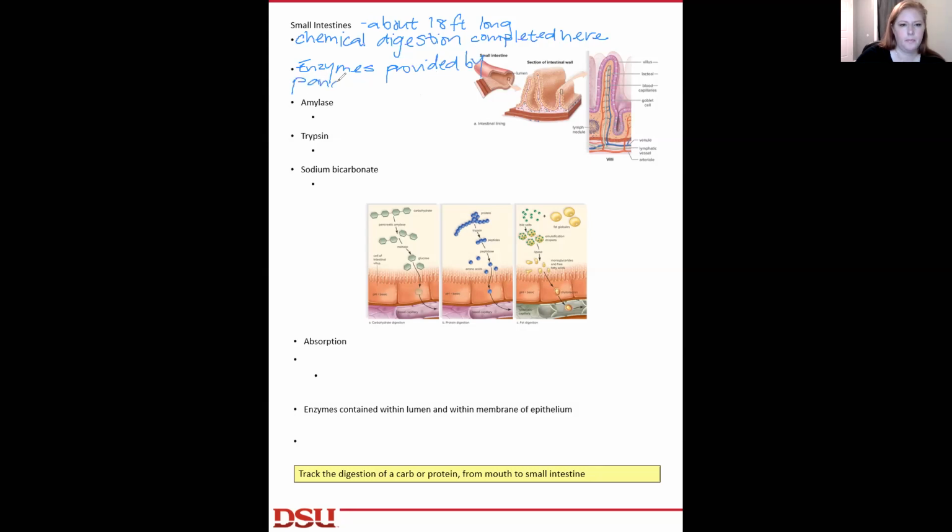So the pancreas is going to supply the small intestines with everything that it needs to finish the chemical part of digestion. And those things include amylase. This is one of our ASE words. And if you remember, amylase helps to break down starches. We saw it first in the mouth.